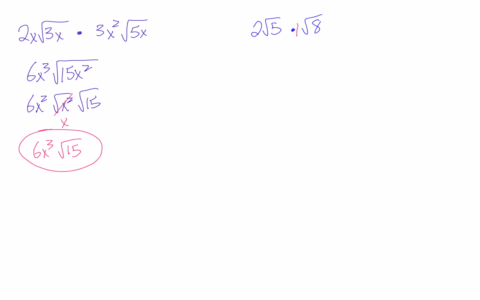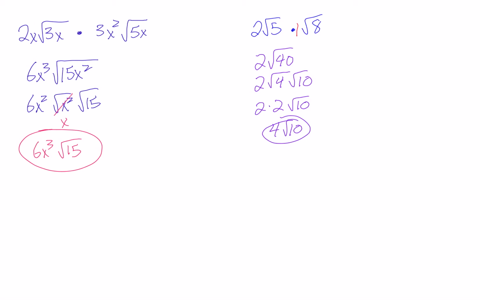So in this case, we'd have 2 times 1, which is 2, 5 times 8, which is 40. And in this case, we can break down the 40 into 4 and 10. And our 4 would be 2, so 2 times 2 is 4 root 10. So the key idea is if there's a number missing, just think of it as being a 1.